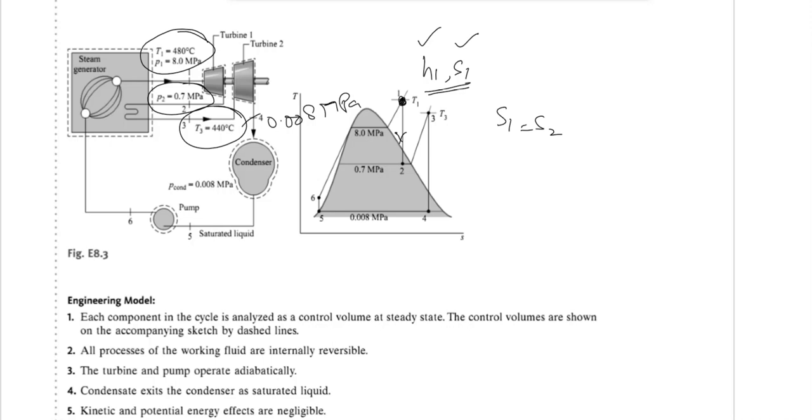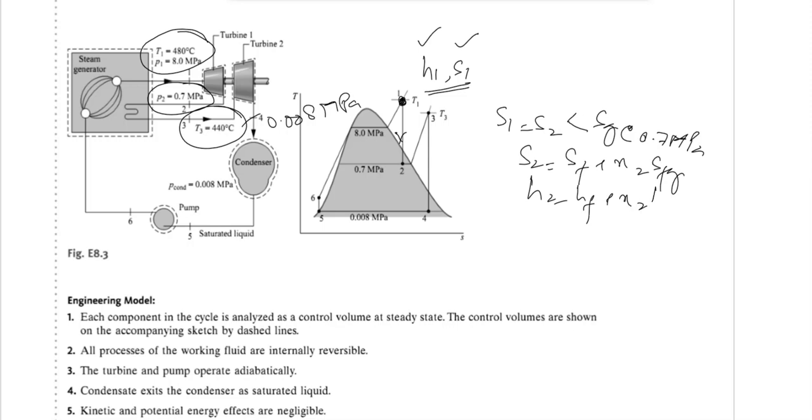And obviously, we have to check the value of s2 against the value of sg at 0.7 megapascal. If the value of sg is greater than the value of s2, then we are inside the vapor dome. If it is inside the vapor dome, then s2 would be equal to sf plus x2 sfg, and similarly h2 would be equal to hf plus x2 hfg.